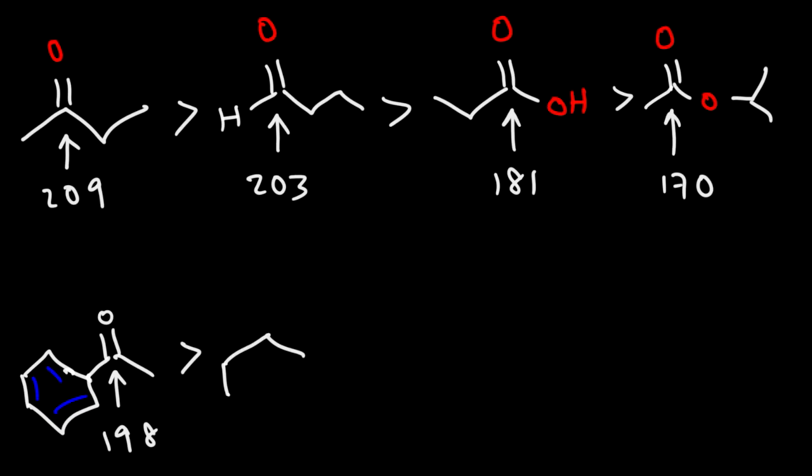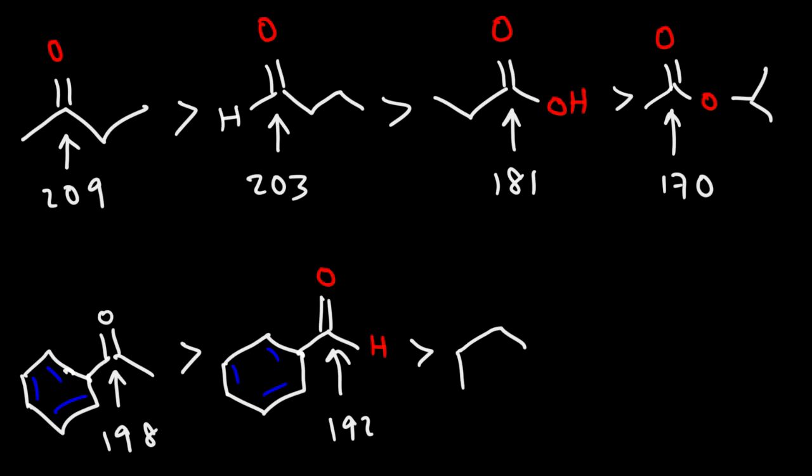Now the next one we're going to talk about is benzaldehyde. The chemical shift for this molecule will also decrease. And so it's going to be 192. So in most cases, we can see that there's a drop in the chemical shift of approximately 10. Now this one is going to be benzoic acid.